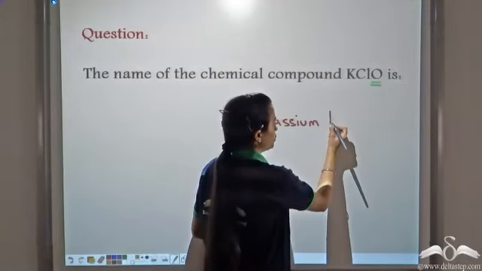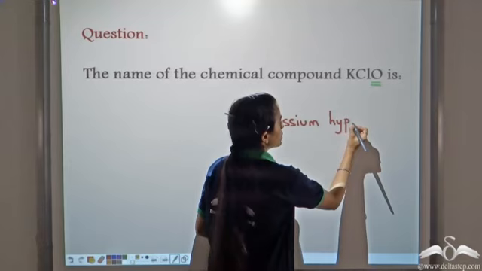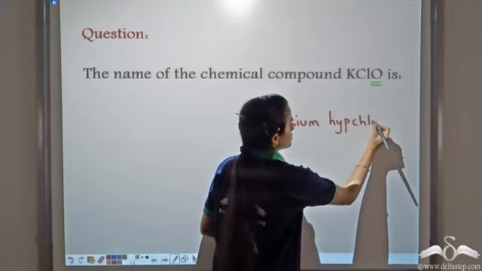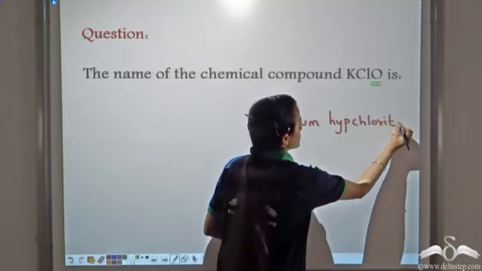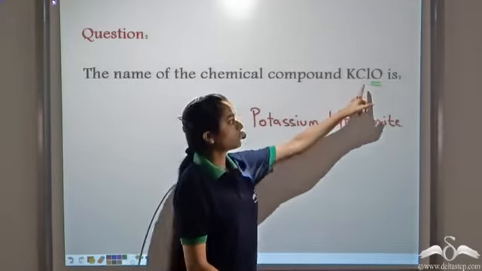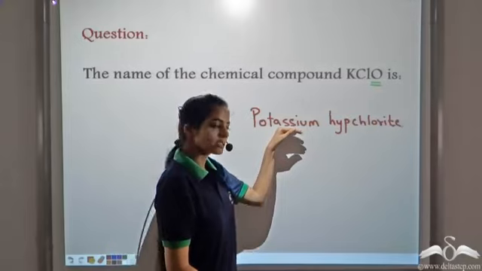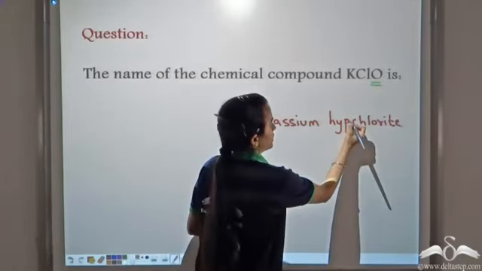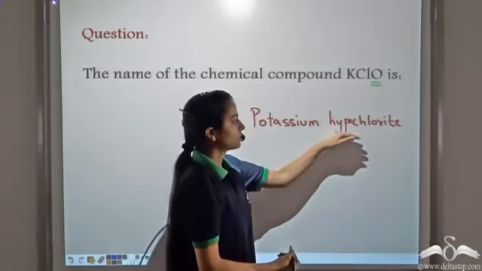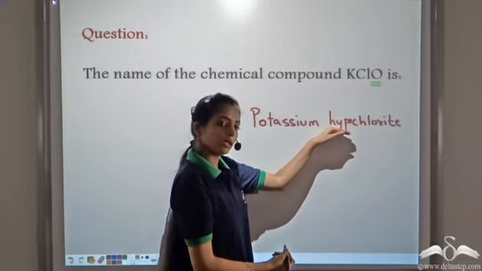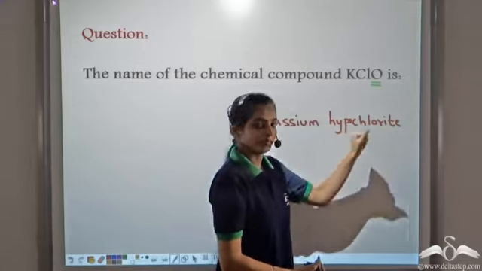So we get hypochlorite. So when the number of oxygen atoms is less than 2, we have the metal remains as it is, and it becomes hypo. So we have the prefix hypo and the suffix "ide."